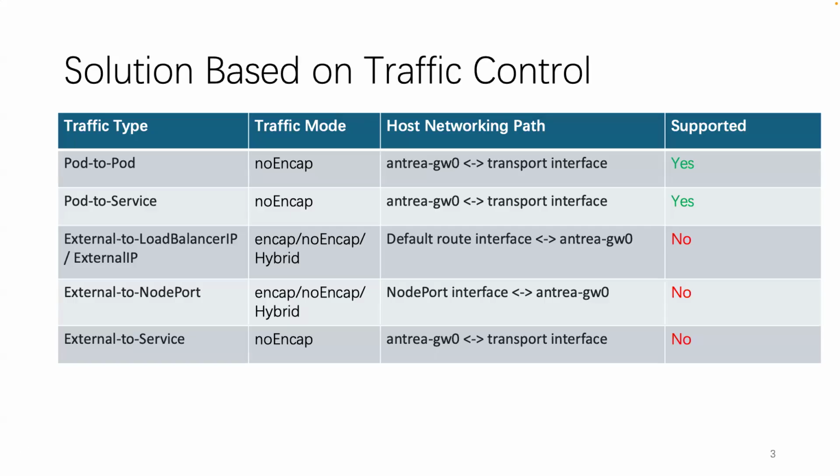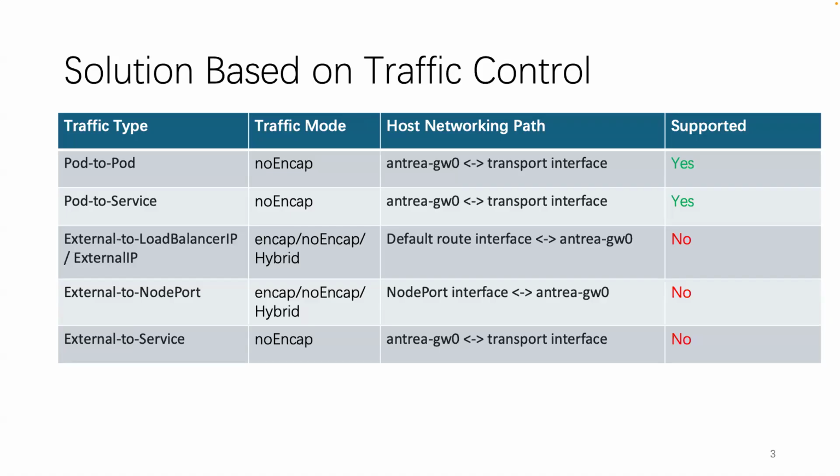I have made two solutions. The first one is based on TC, traffic control. For this solution, only the pod-to-pod and the pod-to-service traffic can be supported, because traffic control is totally stateless, and Antrea knows antrea-gw0 and the transport interface.